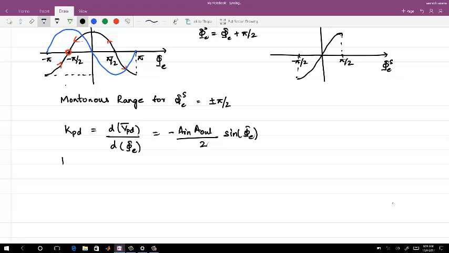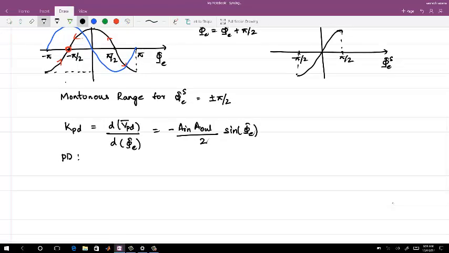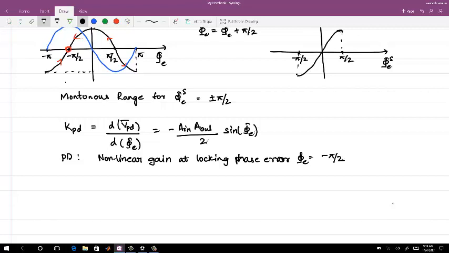So this particular phase error detector, if I summarize it, has a nonlinear gain at the locking phase error phi e equals minus pi by 2, and nonlinear gain leads to nonlinear loop dynamics. So you cannot easily say that I will use this gain and all my bandwidth and everything will follow if you are having more phase error in the system.